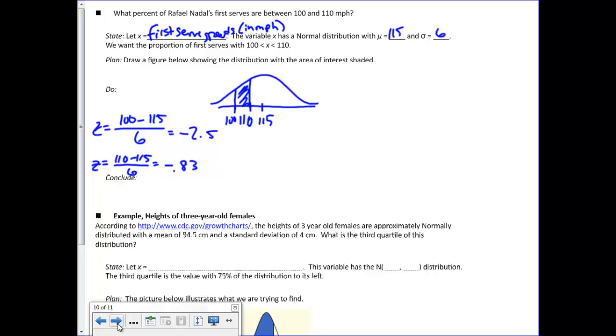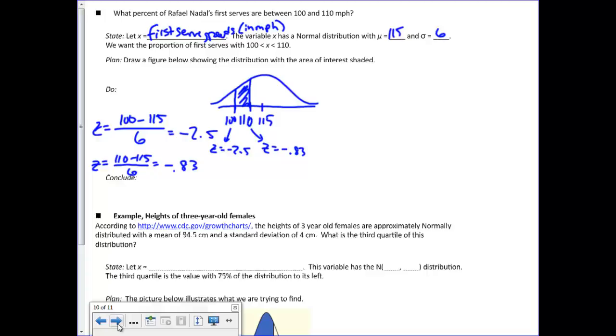My x value minus the mean divided by standard deviation for each of those. So here at 100, my z-score is negative 2.5, and with this one, my z-score is negative 0.83.